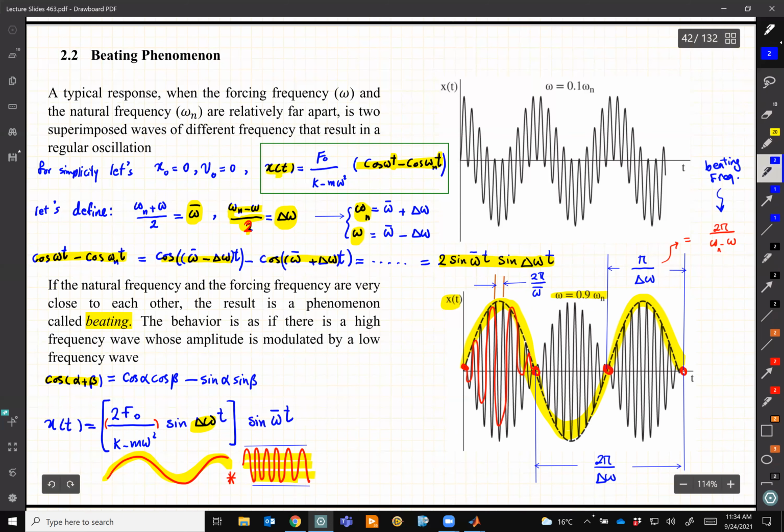So I write it down over here, T beat, or sorry, beating period, or beating time. T beat is going to be 2 pi over omega n minus omega. So this is the time that it takes between each beat, right?